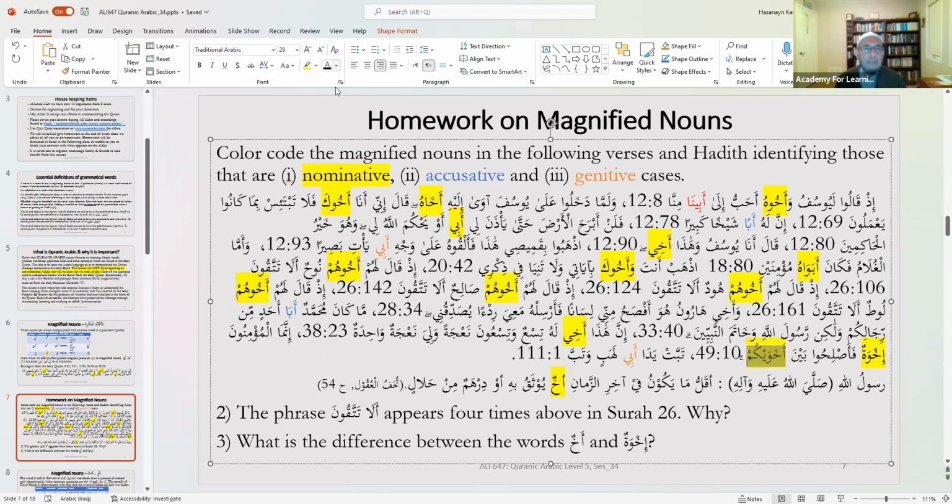Let me just check, because bayna is preposition. Akhawaykum. So let me check it. Okay, hold on. Let me just check in the mojam. What does it say? Because bayna, I remember, is the preposition. So akhawaykum should be genitive.